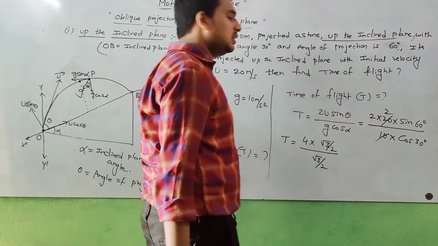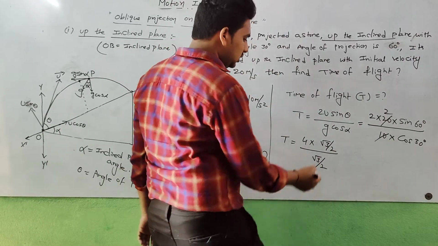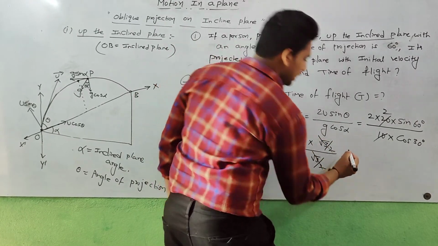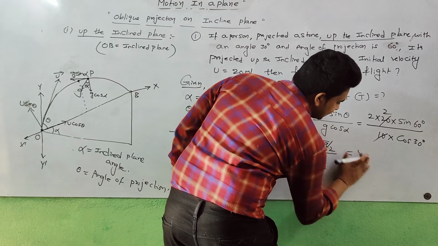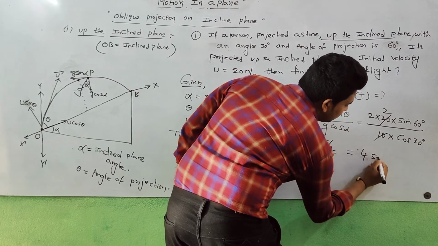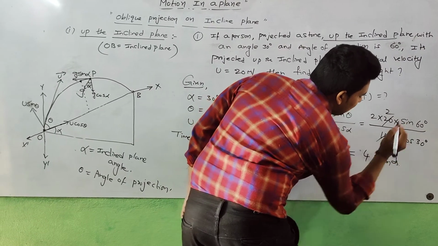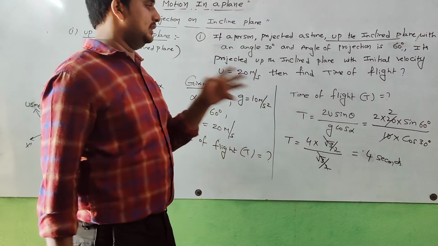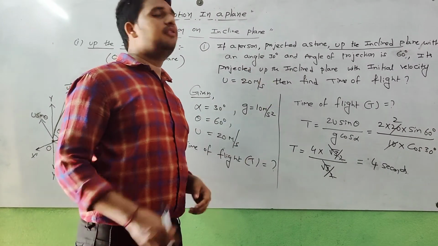Sin 60 and cos 30 have the same value, so these two cancel. We get 4 seconds. The total time of flight is 4 seconds.